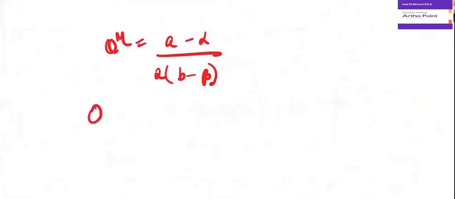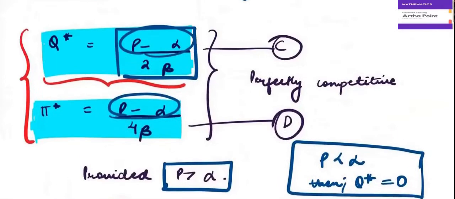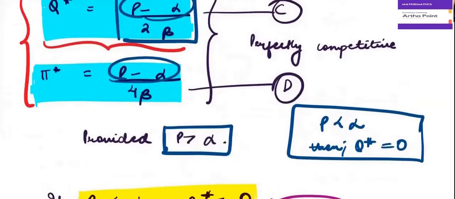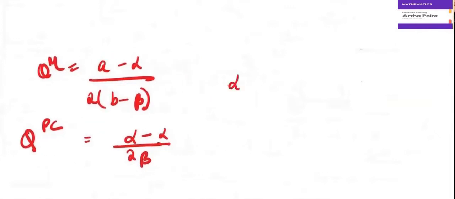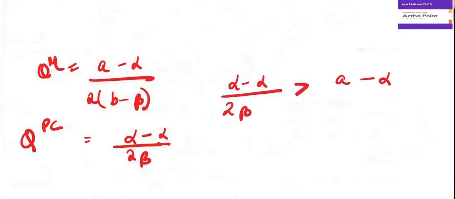So the monopoly's quantity was A minus alpha upon 2B minus beta, and the quantity of a perfectly competitive firm was A minus alpha upon 2 beta. And I'm telling you that A minus alpha upon 2 beta is definitely greater than A minus alpha upon 2B minus beta. This is something you can check for yourself.